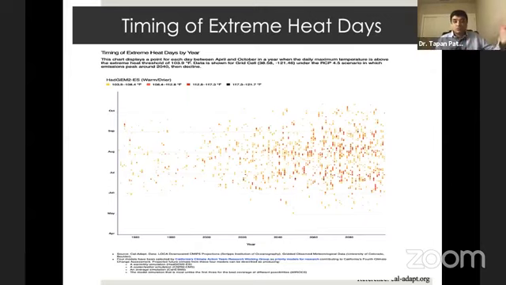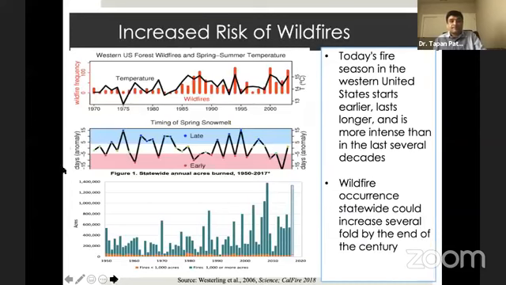If you think about agricultural productivity, and on the other side, a lot of specialty crops grown in California are labor intensive, so farm workers' health impacts are another big consequence of these extreme events.